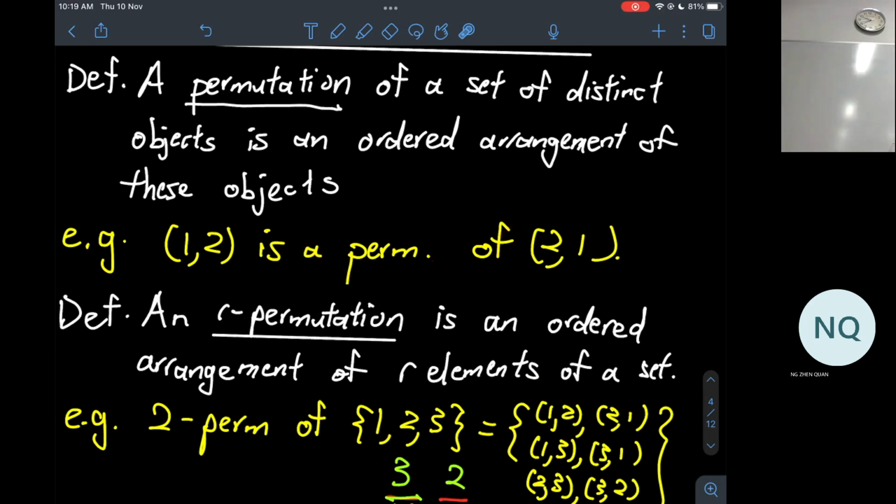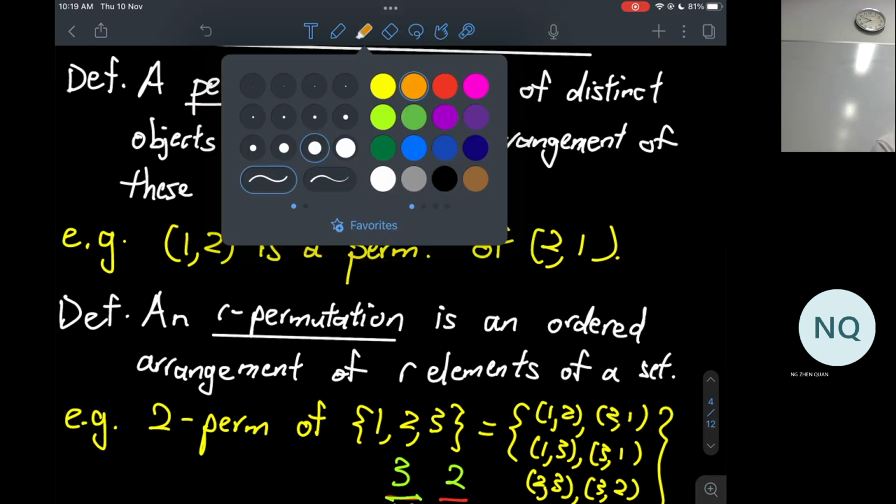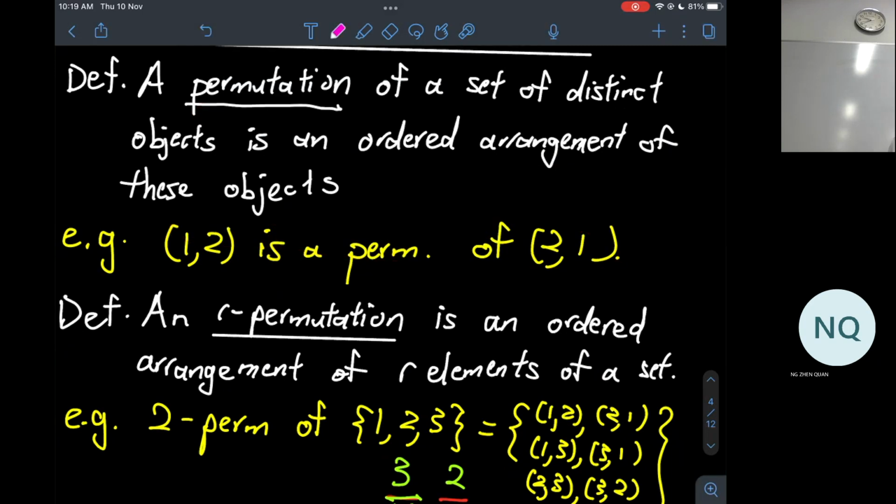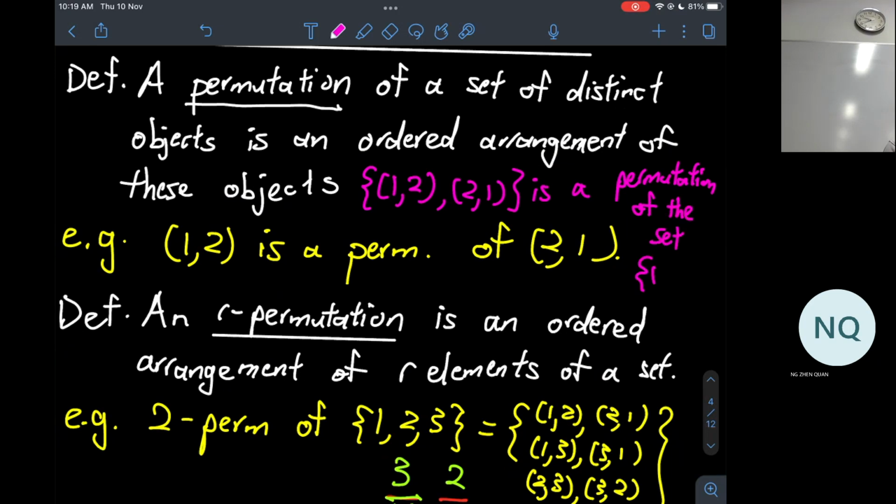If I want to use this language to talk about this idea here, I should say the set of ordered pairs (1, 2) and (2, 1) is a permutation of the set containing 1, 2.